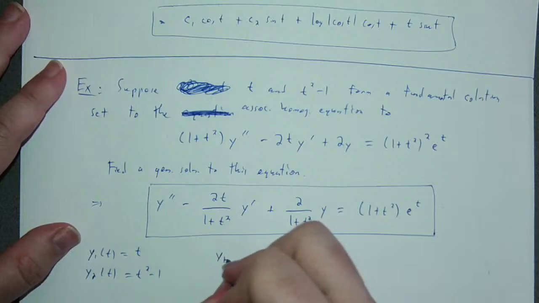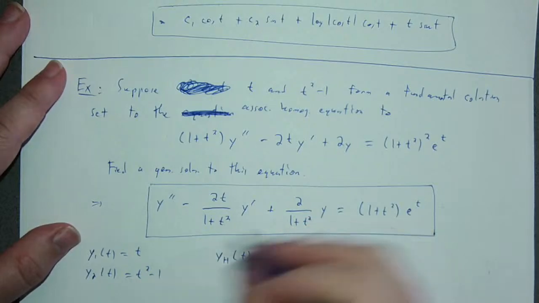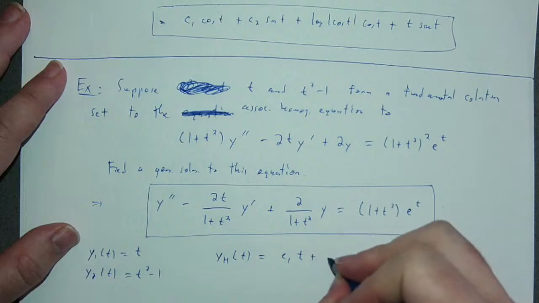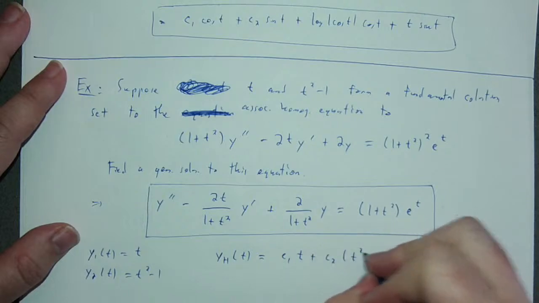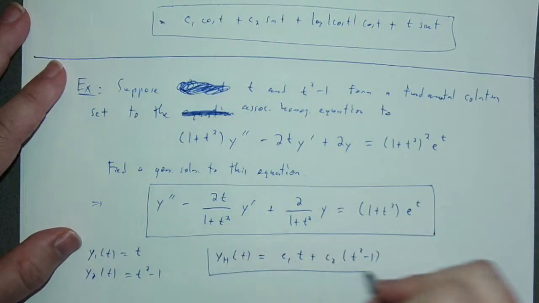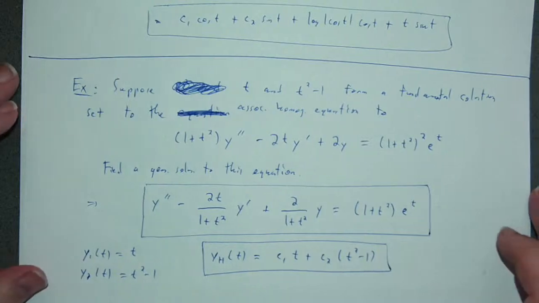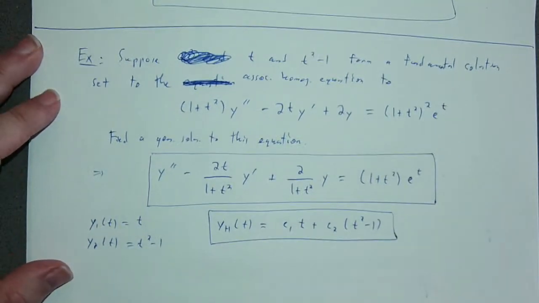Then the homogeneous solution is c1 t plus c2 times t squared minus 1. Variation of parameters allows me to find the particular solution. So what is the particular solution?